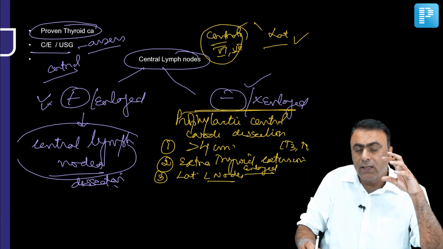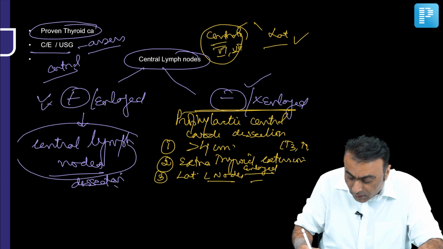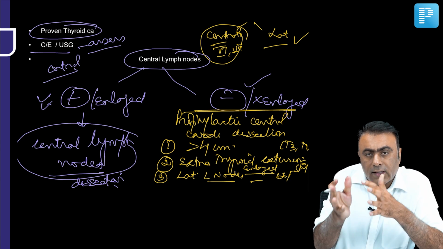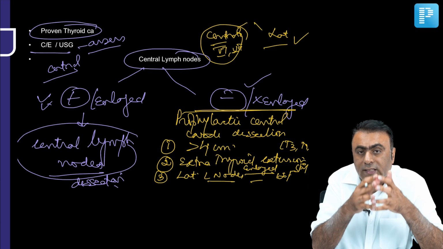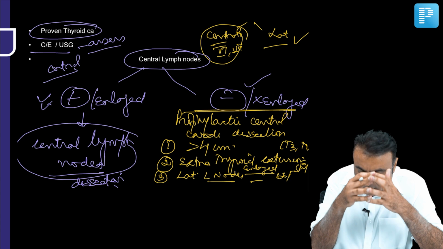At times there can be skip metastasis to the lateral lymph nodes. In around 12% of cases, there can be skip metastasis to the lateral lymph node. That means the central lymph nodes are not enlarged and there are skip metastases to lateral lymph nodes. Now in these patients, there's a high chance of occult disease in central lymph nodes. So in these patients also, a prophylactic central lymph node dissection should be done.